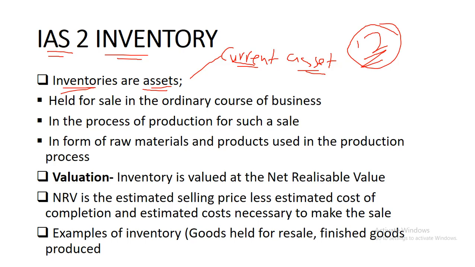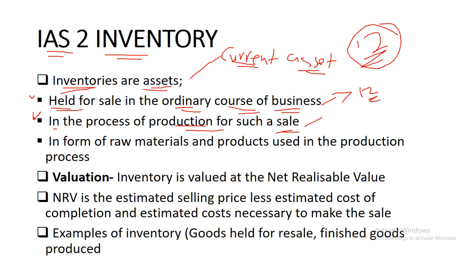So the definition for inventory: these are assets which are held for sale in the ordinary course of business, right? They're held for sale in the ordinary course of business, which is within the 12 months that we've already outlined here. Then two, inventories are assets which are in the process of production for such a sale.